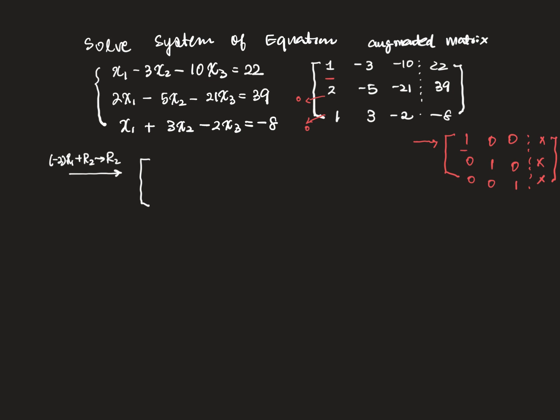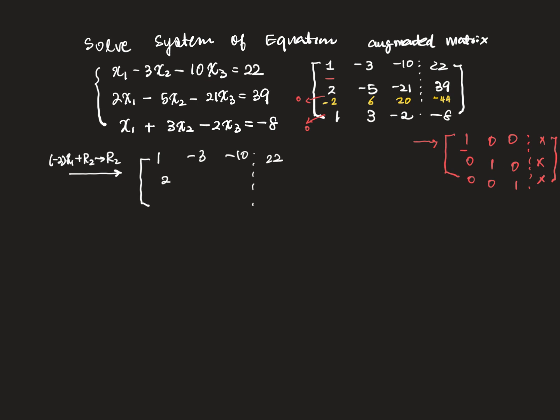So you multiply R1 by negative 2. I'm going to write down negative 2, then 6, because negative 3 times negative 2 is 6. Here is negative 10 times negative 2, which is 20. 22 times negative 2 is negative 44. Everyone makes sense? Add together. The first row doesn't change: 1, negative 3, negative 10, 22.